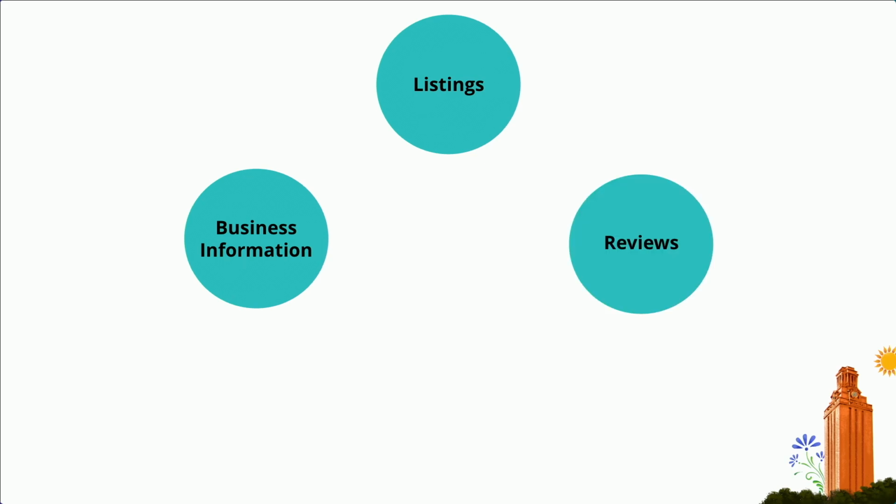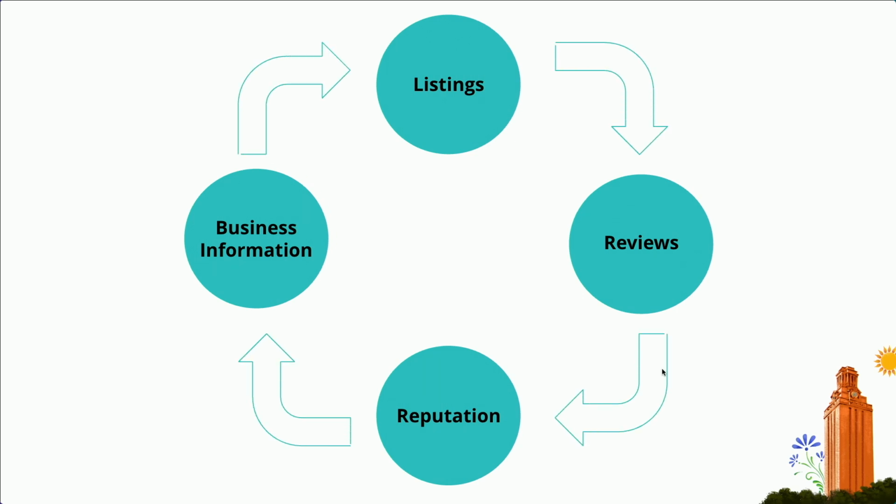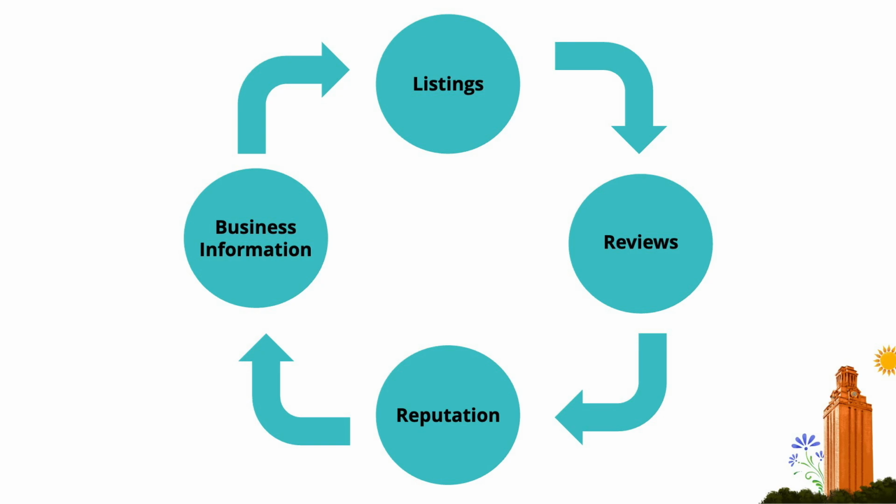And the third most important thing is reviews, responding to those reviews, and reputation. Reputation deals with sentiment analysis, whether positive, negative, or even neutral. You have to manage everything in local SEO. How do you do that? These are the four main pillars, right?